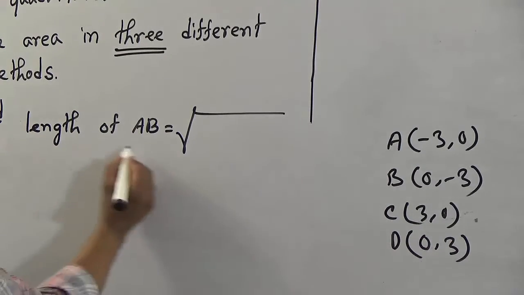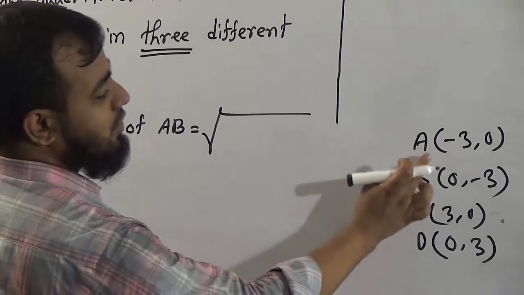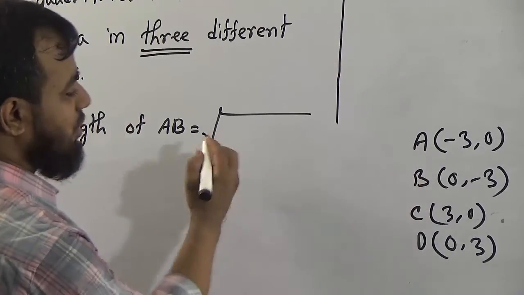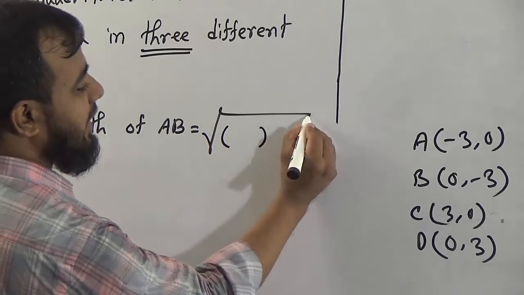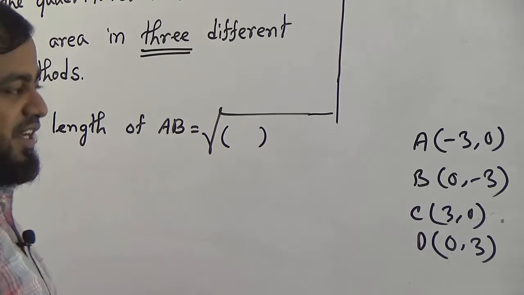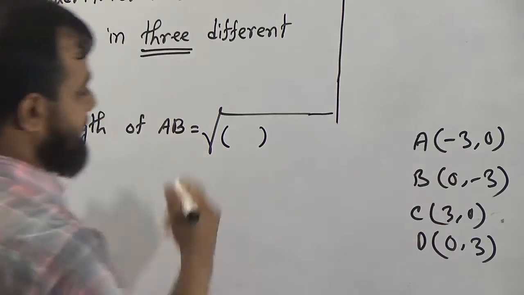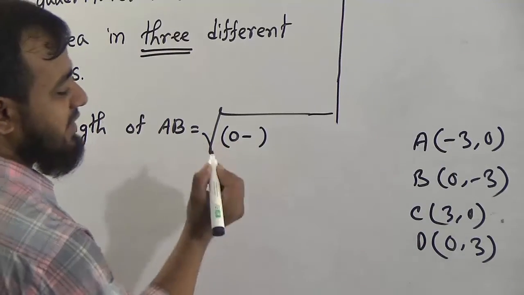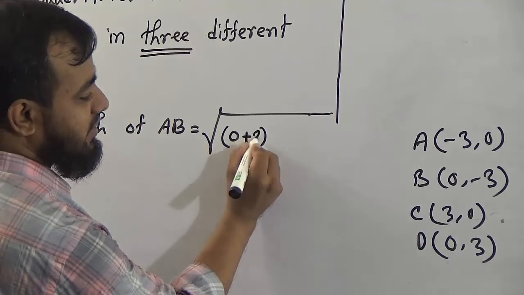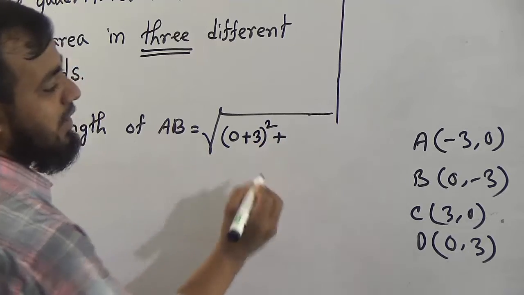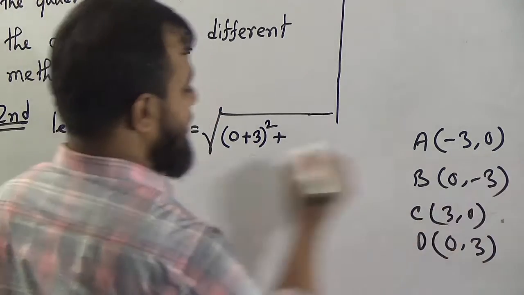Now the length of AB is equal to what? The square root of the sum of the squares of the abscissa and ordinate differences. Now 0 minus minus 3, minus and minus makes plus, so 0 plus 3 whole square, plus minus 3 minus 0 whole square.